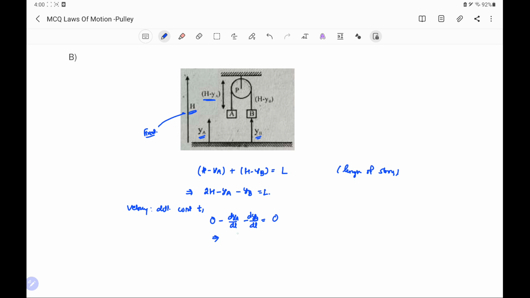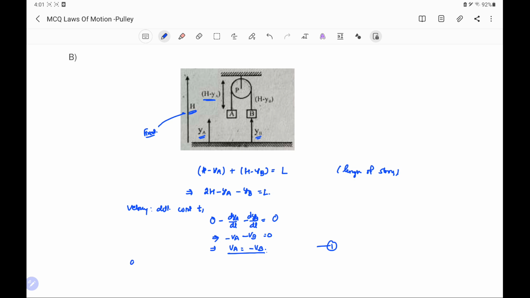This implies that minus VA minus VB equal to 0, or we can say VA equal to minus VB. It implies that the magnitudes of the velocities are the same because the masses are connected through the same string, but the directions will be different because if one block is moving upward, the other block will move downward. So this is equation number 1.